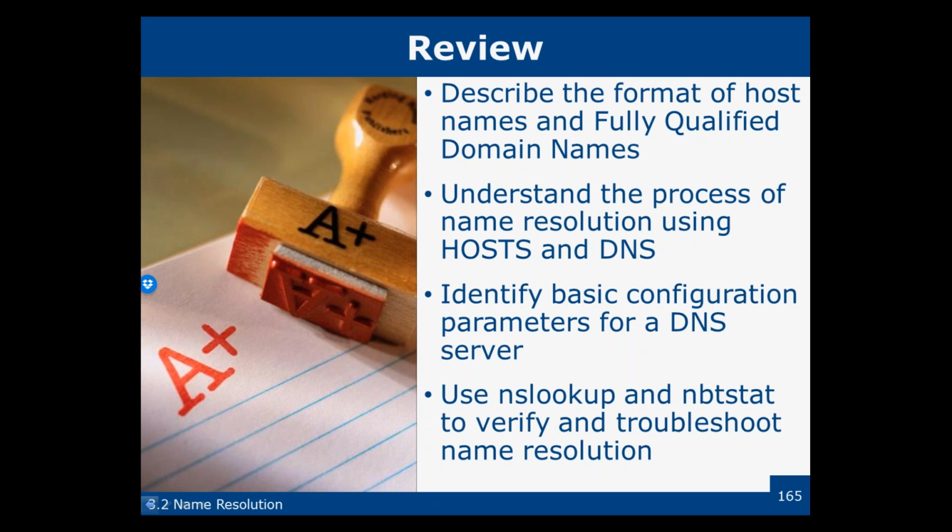What types of DNS records have priority or preference values? I didn't cover this, so I'm going to answer it for you. Typically, that's going to be an MX record or an SRV record, or service record. What type of DNS enables clients to report a change in IP address to a DNS server?